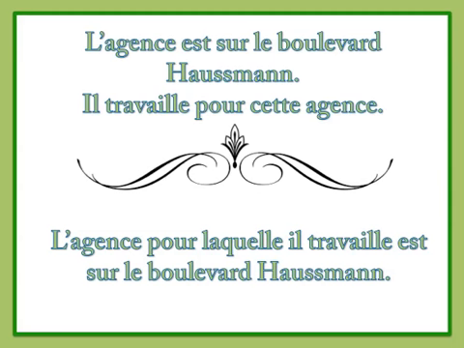If you have already a preposition in the sentence, then you're going to use one of the regular forms of lequel, all right? So in this situation, we have l'agence pour laquelle il travaille est sur le boulevard Haussmann. So what that means is the agency for which he works is on Haussmann Boulevard.